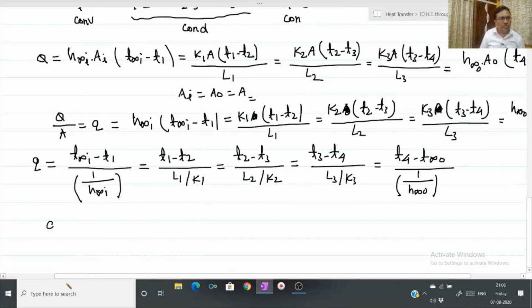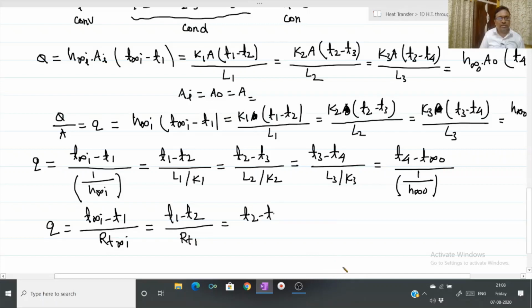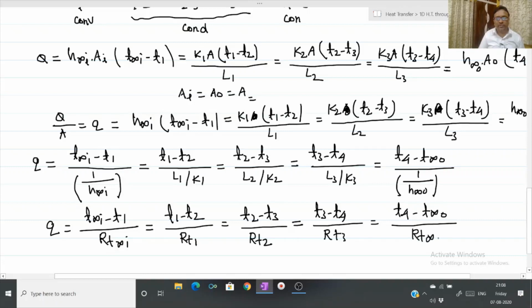Okay, so I can also write it as T infinity i minus T1 over R T infinity i is equal to T1 minus T2 over RT1 is equal to T2 minus T3 over RT2 is equal to T3 minus T4 over RT3 is equal to T4 minus T infinity o over RT infinity o.